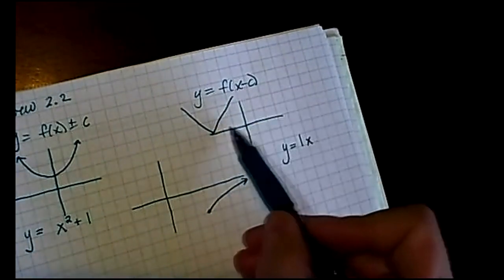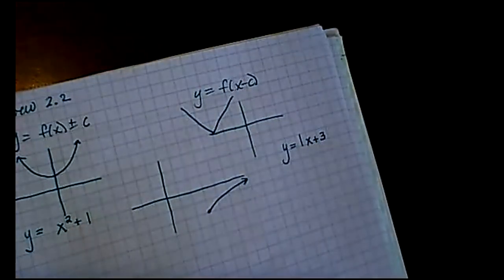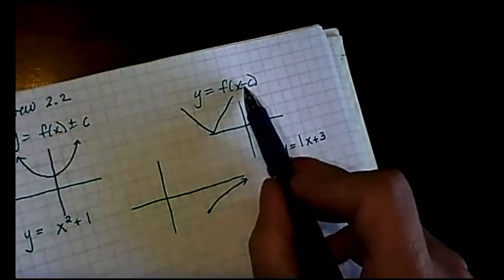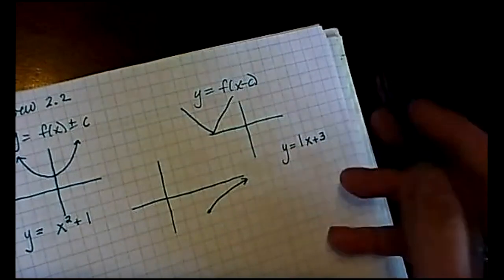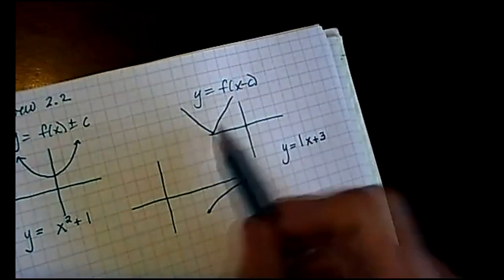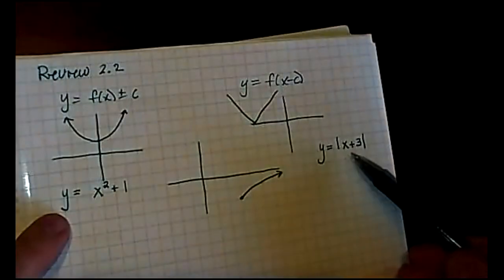So this is 1, 2, 3 to the left. So remember, when we write a horizontal, we're writing it as the opposite sign because the formula is minus, right? So if I put a -3 in there, it's minus a -3, which makes it a +3. So it's always the opposite sign of the direction that we go. And there's a horizontal. So here's a vertical translation, horizontal translation.